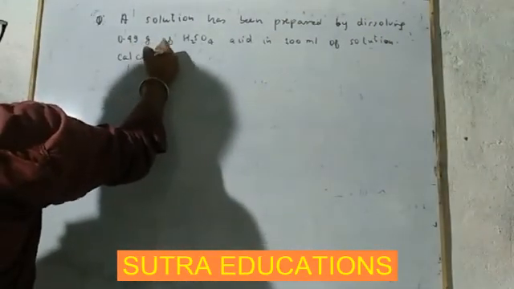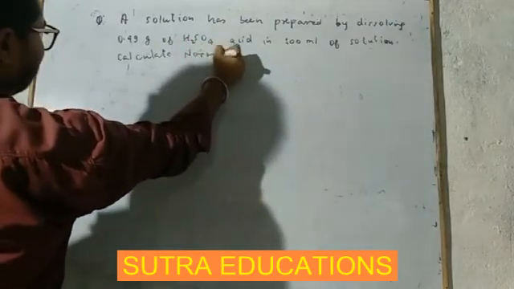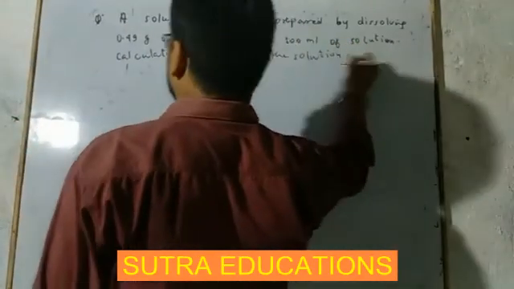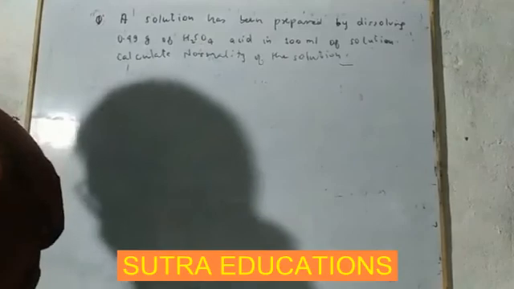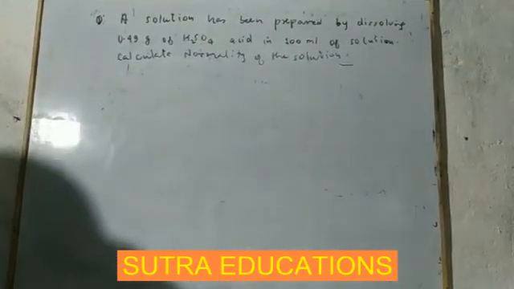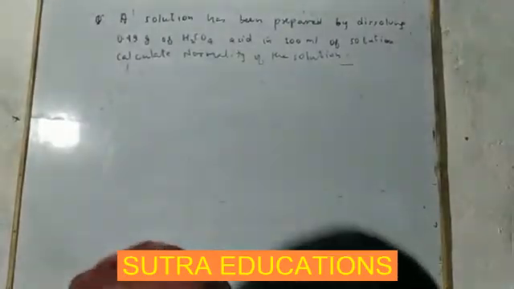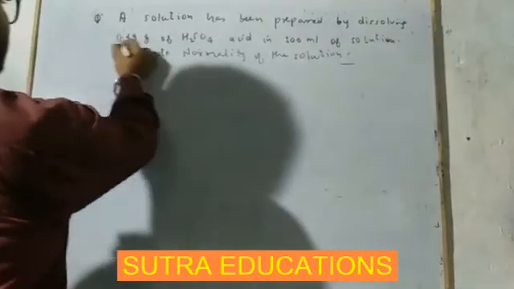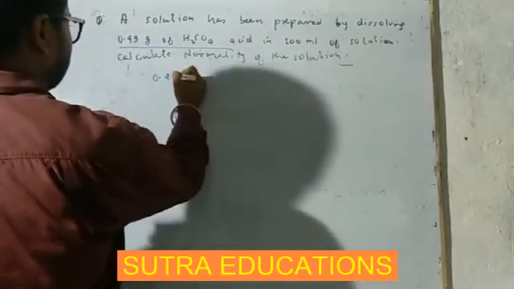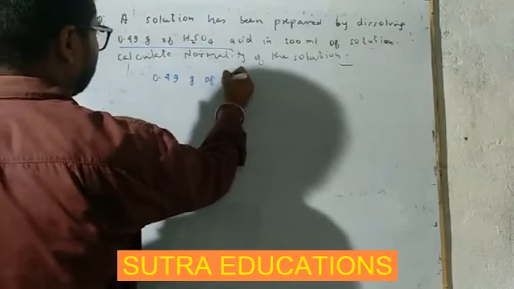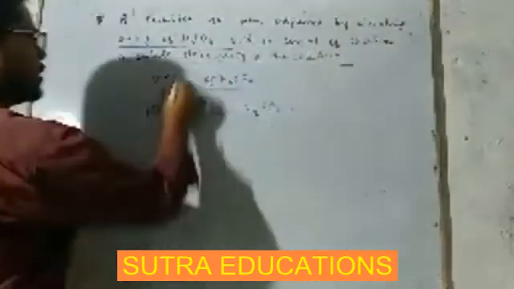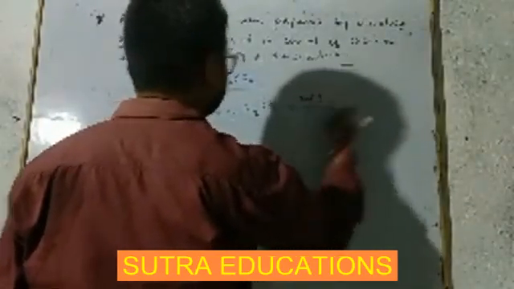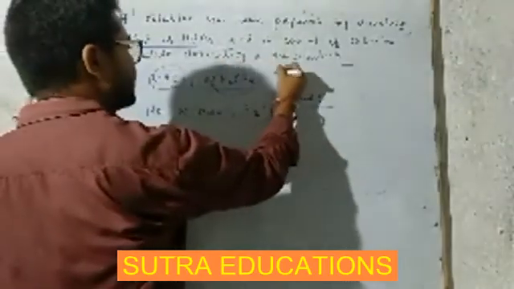So come to the calculation of normality. It is given 0.49 gram of H2SO4, the given mass, divided by the molar mass, which is 98.